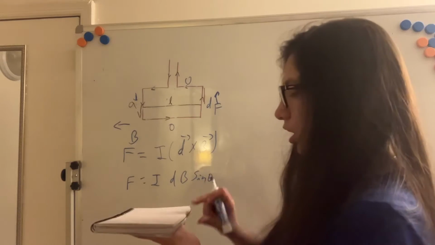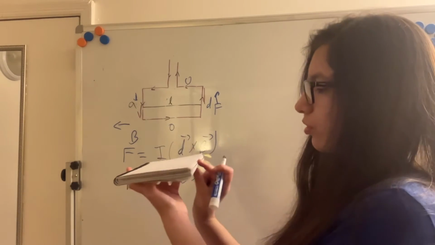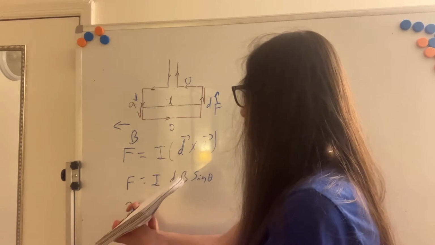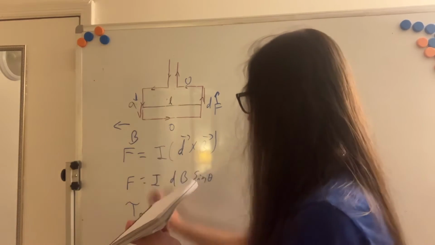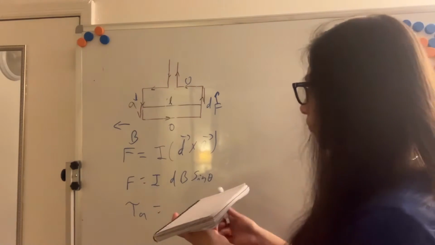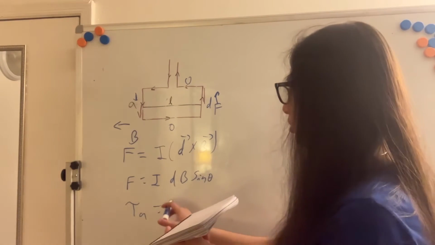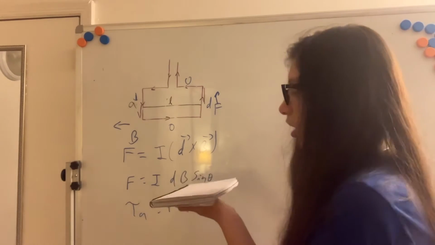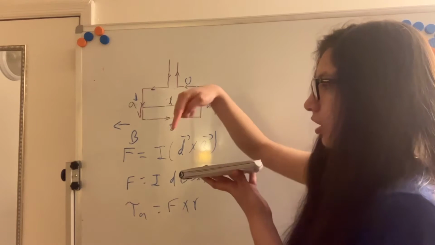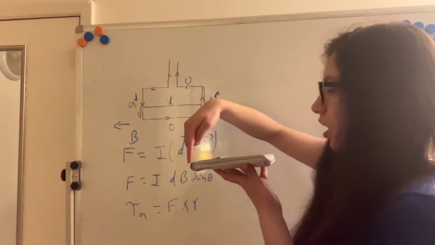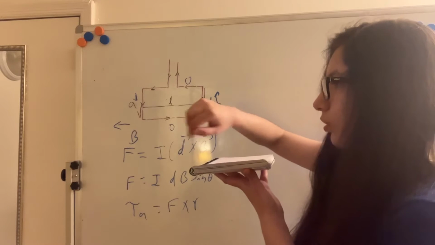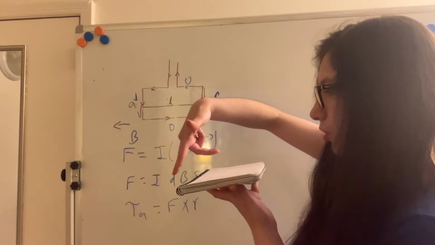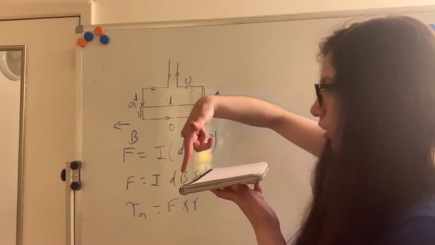Then this produces a torque, because we have one force going in this direction and the other force going in the downward direction. So the torque at this point was the cross product of the force and the distance. The force is in this downward direction. The distance is in that direction. If it were in this direction, the torque would be in that direction.